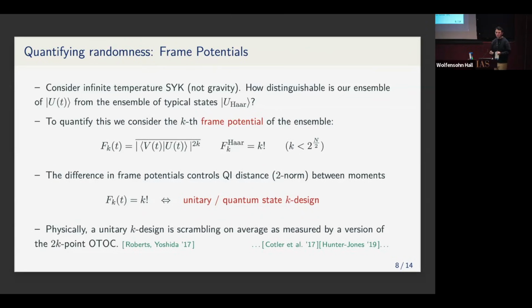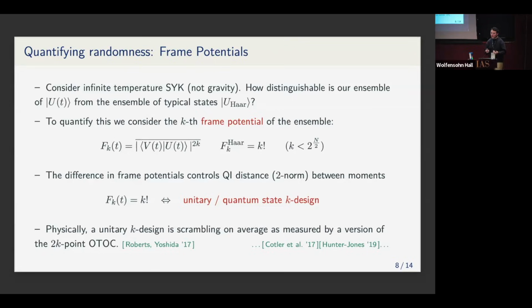In these infinite temperature situations, since I'm just talking about states generated by unitaries, we could have also said that the ensemble of unitaries U of t forms a unitary k-design. Now, these frame potentials have a physical interpretation in terms of some average notion of a 2k-point out-of-time-order correlator, as was emphasized in this paper.